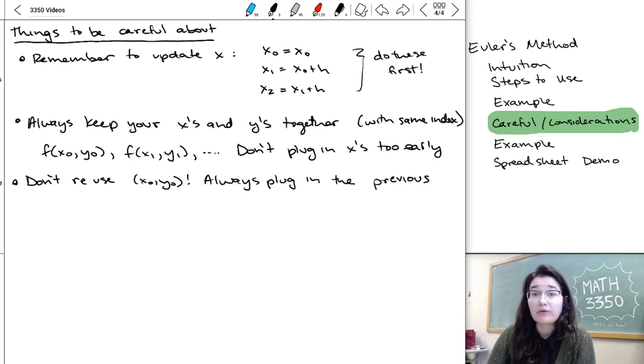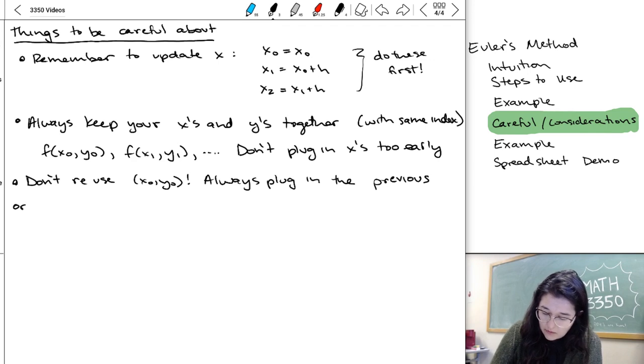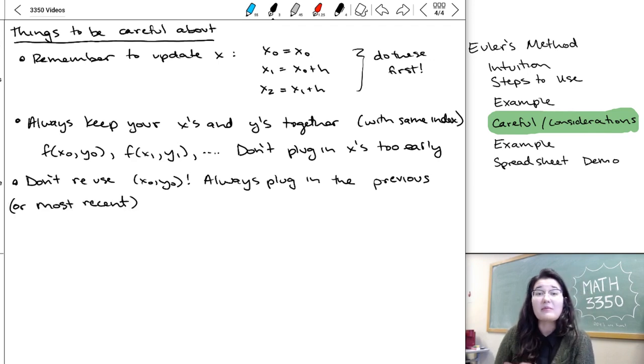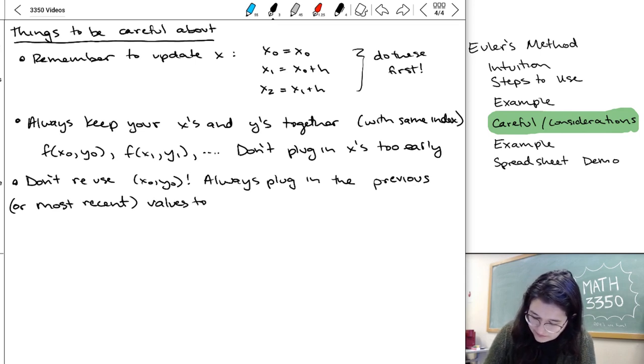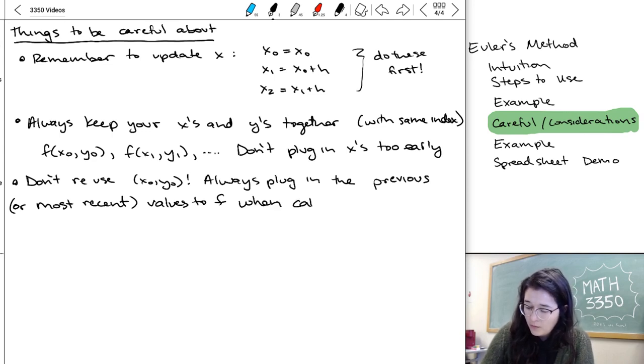So always plug in the previous or most recent, whatever's an easier way for you to remember this, to f when you calculate those new y's.